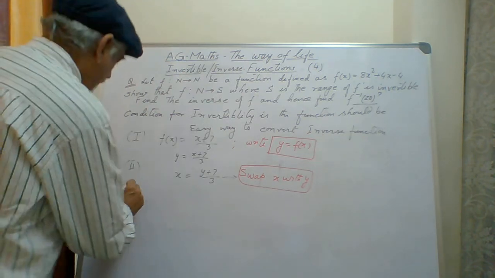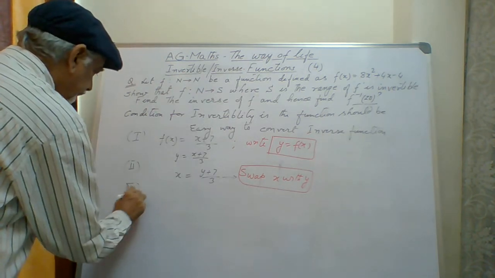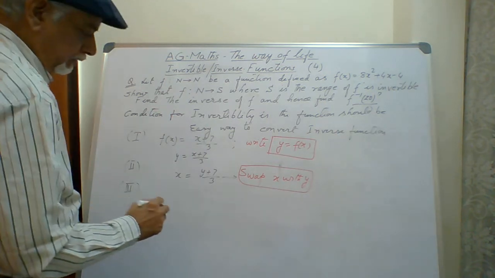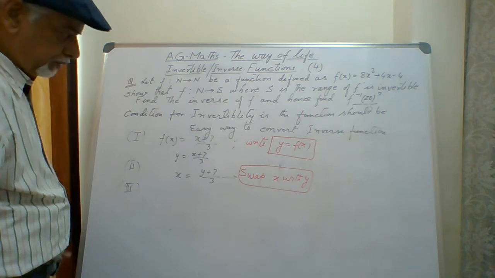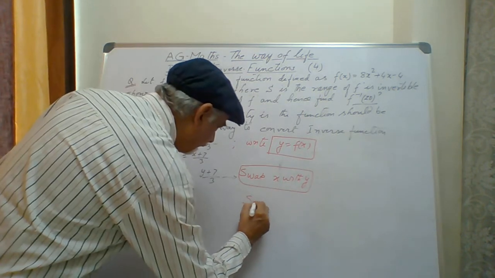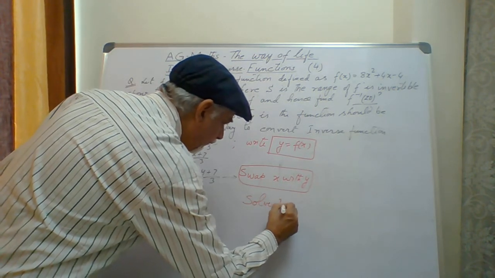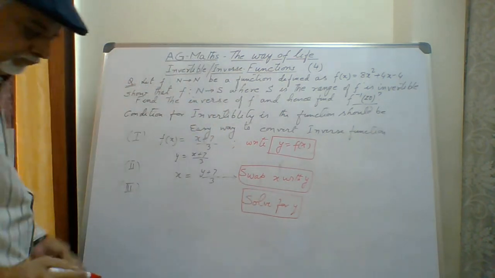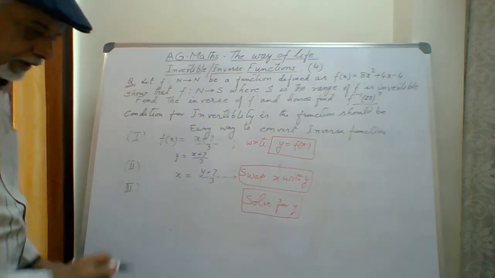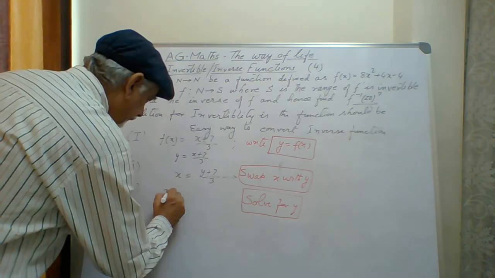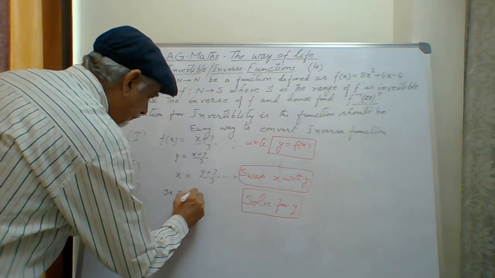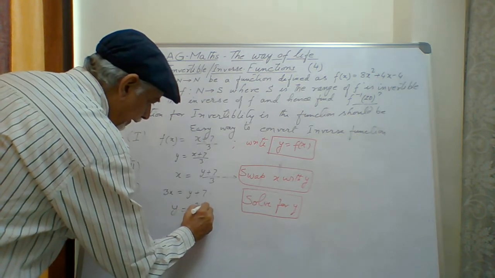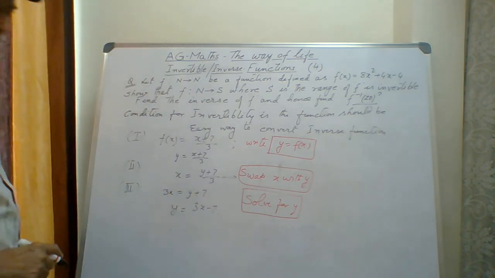Third step is solve for y. What is the solution for y? Now the solution for y is, we write 3x is equal to y plus 7, or we write y is equal to 3x minus 7.